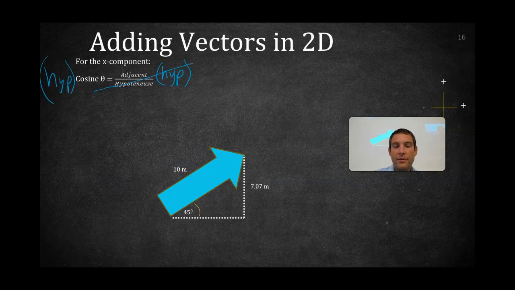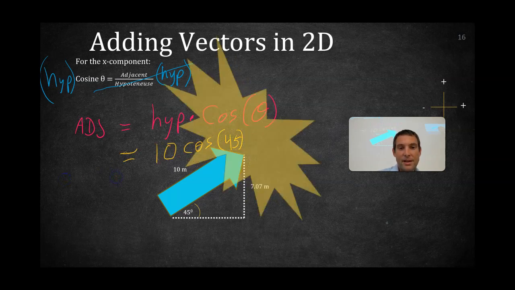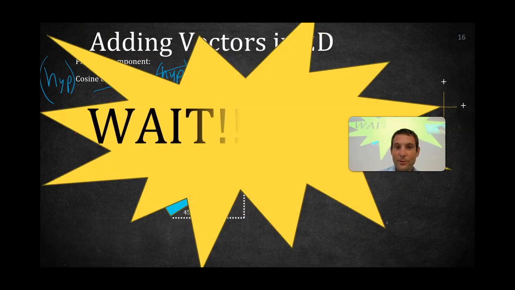Well, let's figure out this x-axis component, or the adjacent side of the triangle, which is right here. Again, I'm going to get adjacent all by itself by multiplying hypotenuse to each side this time. So it's hypotenuse times cosine theta, or the magnitude of my original vector, which was 10, times cosine of 45.